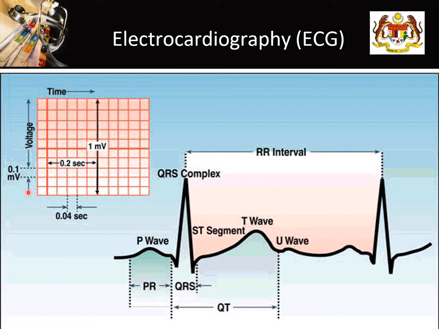For example, in acute ST elevation MI, based on the ECG, the diagnosis is made when the ST segment is elevated more than 0.1 millivolt, or more than one small box, in two contiguous leads. For leads V2 and V3 it is slightly different.